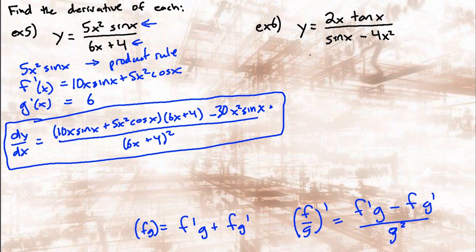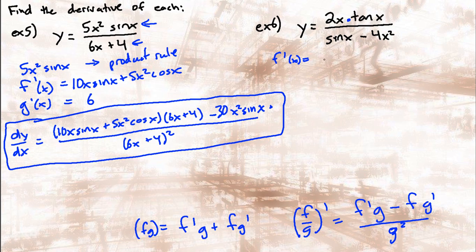All right, this last one. Same problem as was over here. My numerator is actually going to be a product rule in and of itself, so I'm just going to go ahead and do that. I'm separating it as 2x and tan x.